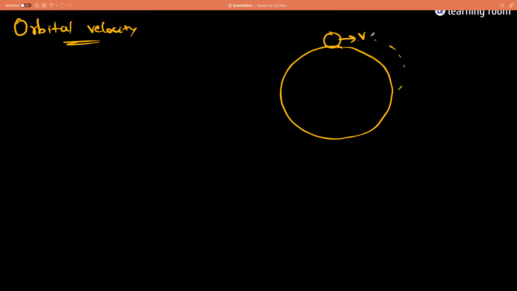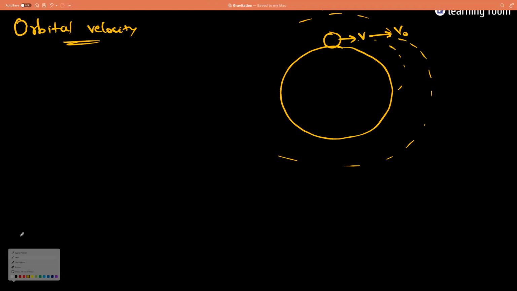If you give a minimum velocity to the object in such a way that it is going to travel in a concentric circle around the earth itself, then that minimum velocity is called the orbital velocity.